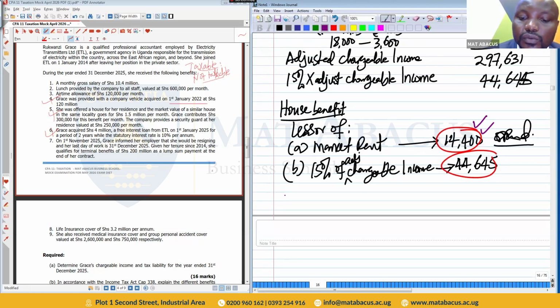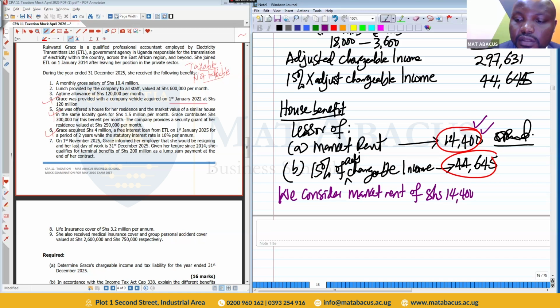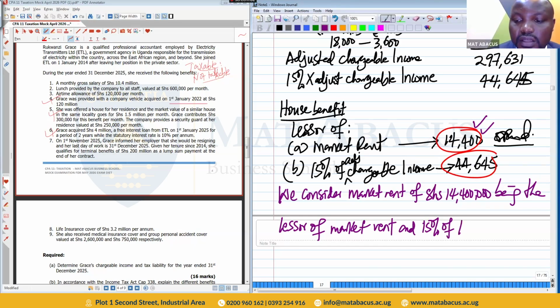So it means that we consider market rent of shillings 14,400 being the lesser of market rent and 15% of the chargeable income.